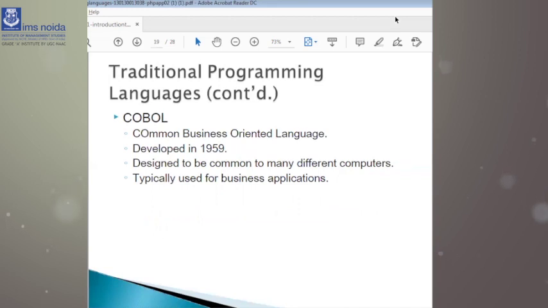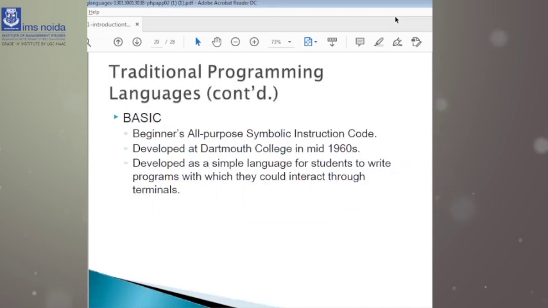These are obsolete languages developed in 1959, designed to be common to many different computers, also used for business applications. BASIC, Beginners All-purpose Symbolic Instruction Code, was developed at Dartmouth College in the 1960s as a simple language for students to write programs with which they could interact through terminals.